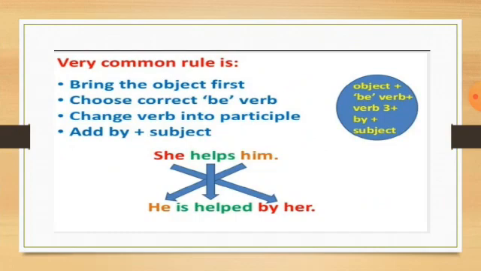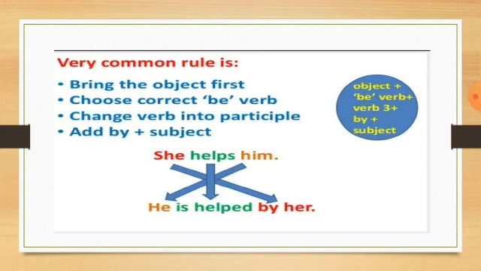Bring the object first means the object which is there in the active voice needs to be brought first, because that will be the subject, right? Number two is choose the correct be verb based on the sentence. Based on the sentence in the active voice, see the sentence type carefully, and whatever be verb is suitable, you need to add that.